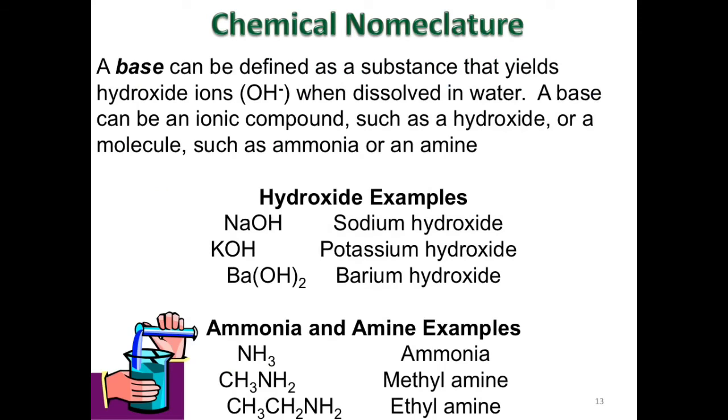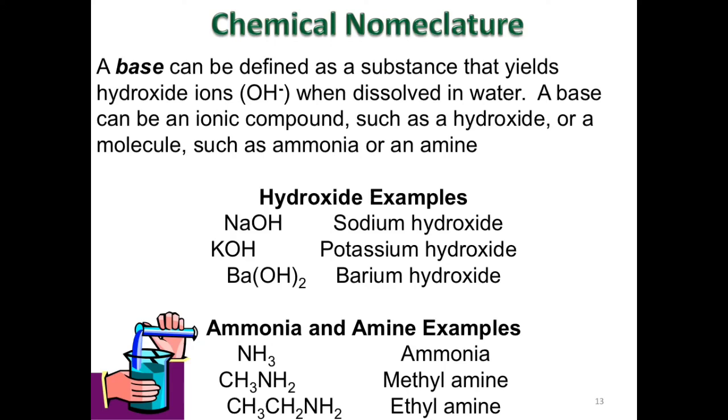Bases. Bases are substances that yield hydroxides when dissolved in water. More commonly, they are hydroxides in and of themselves with a metal ion associated with them, such as sodium hydroxide, potassium hydroxide, or barium hydroxide.